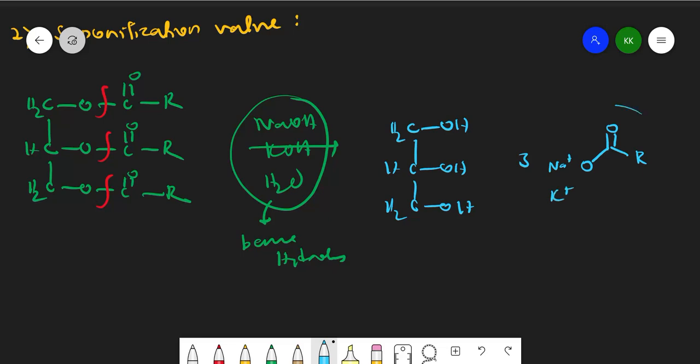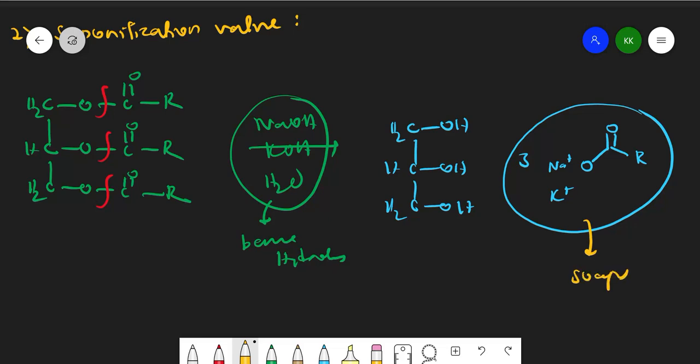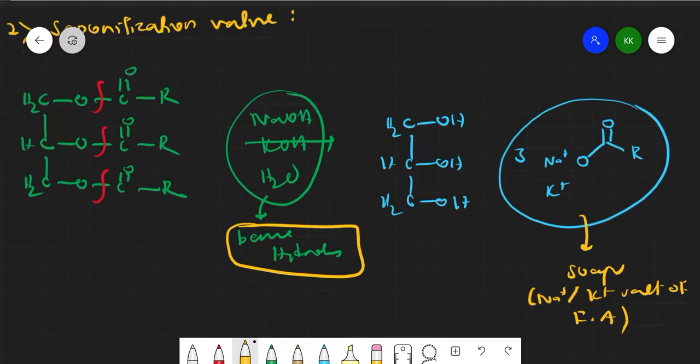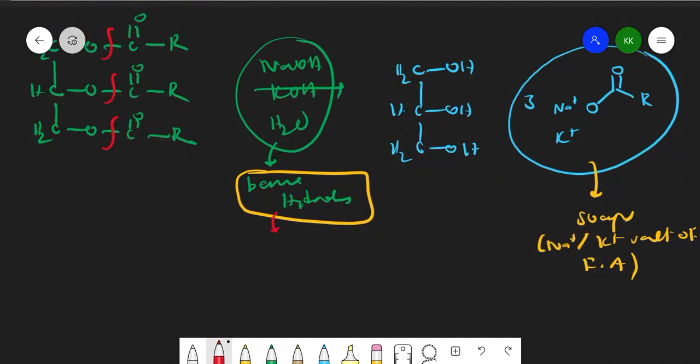So these are nothing but sodium salt of fatty acid or potassium salt of fatty acid. Simply we call them soaps, right? Because these are nothing but sodium or potassium salts of higher fatty acid, right? So these are nothing but soaps. So the process in which we do basic hydrolysis is nothing but saponification.